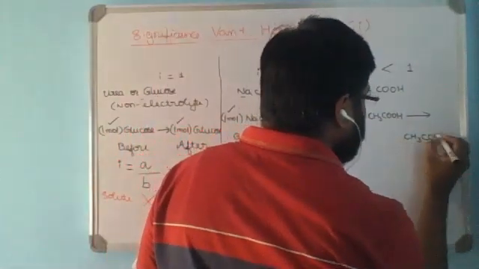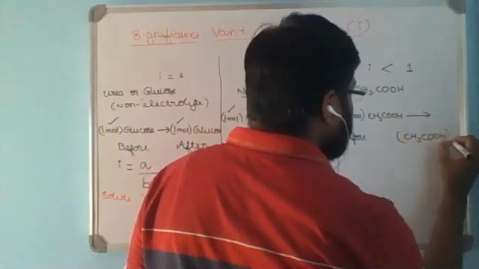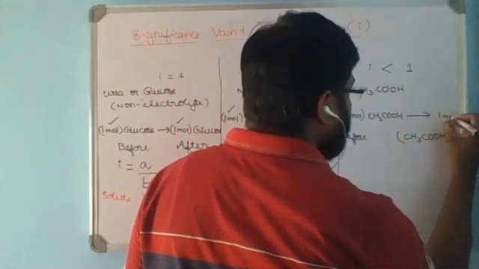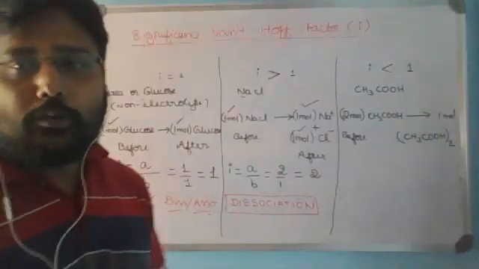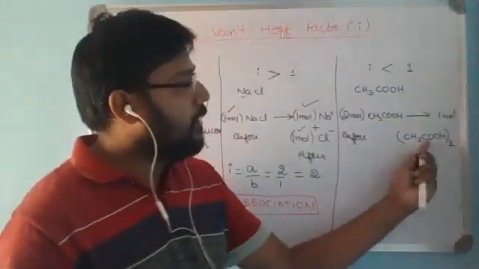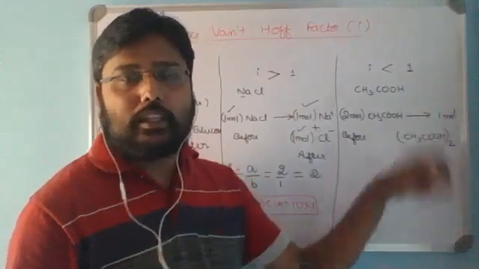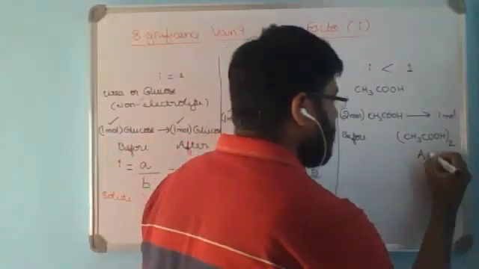As a result of dimerization, the 2 moles become 1 mole. 2 moles of acetic acid as a dimer is obtained as 1 mole in the solution.